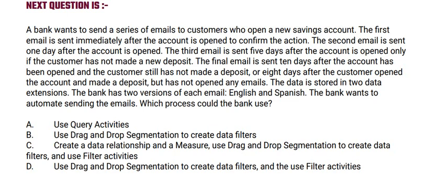Use drag and drop segmentation to create data filters and use filter activities. And option D, use drag and drop segmentation to create data filters and then use filter activities. The correct option is option C and D.